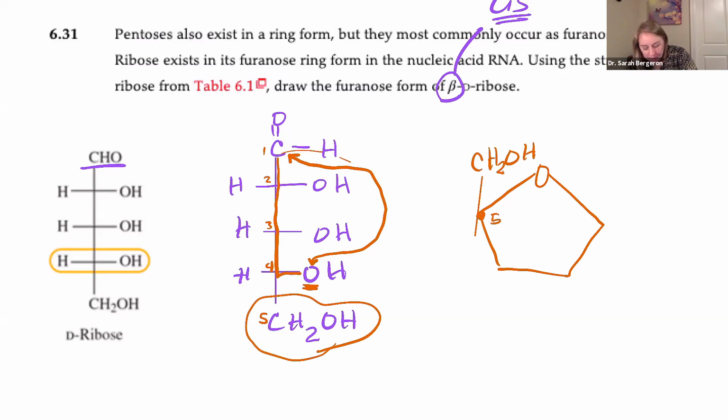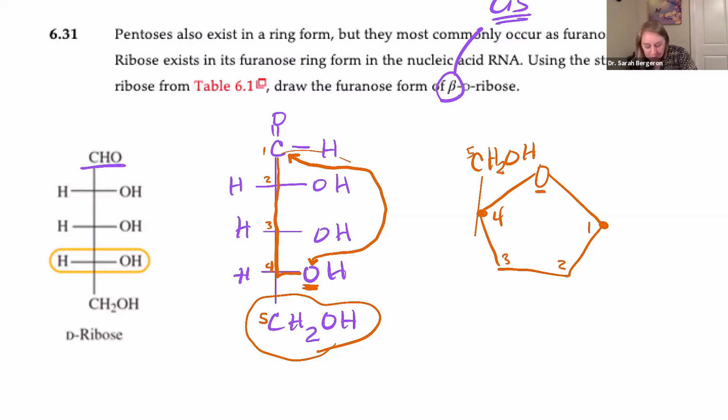No, that's actually carbon 4. Carbon 4, okay? Because here's our oxygen, and then we count this way, 1, 2, 3, 4, and that would be carbon 5. So now we want to make our anomeric carbon.